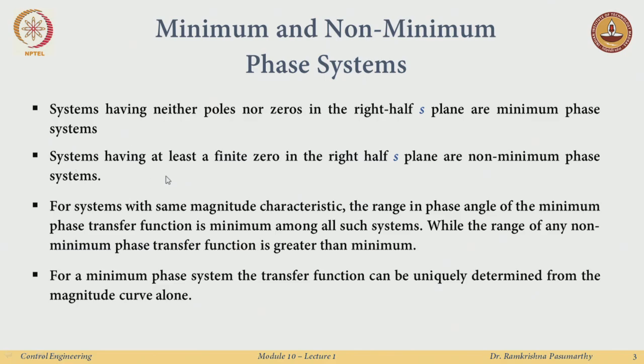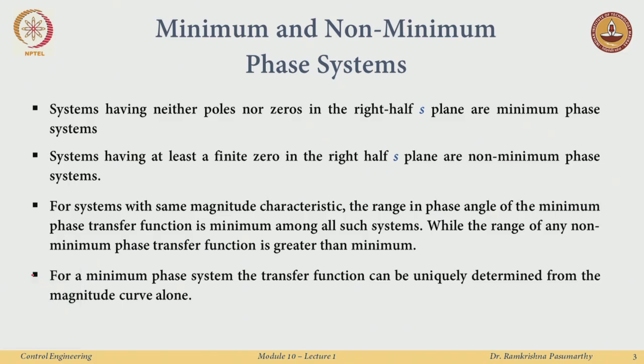These are systems which have a finite number of zeros in the right half S plane. So how do I identify when a system is minimum phase or non-minimum phase? There could be several systems with the same magnitude characteristic.